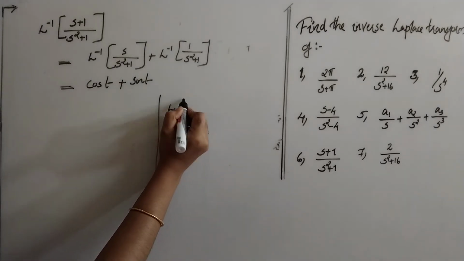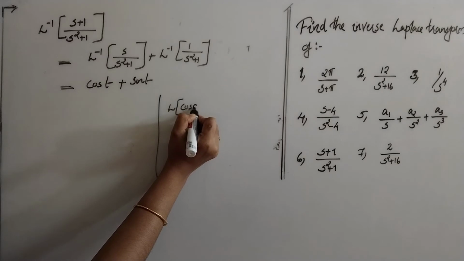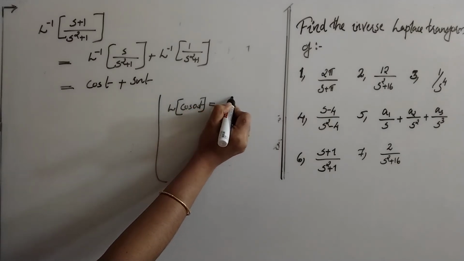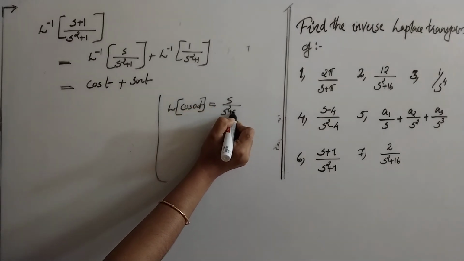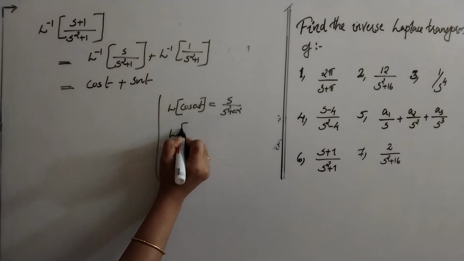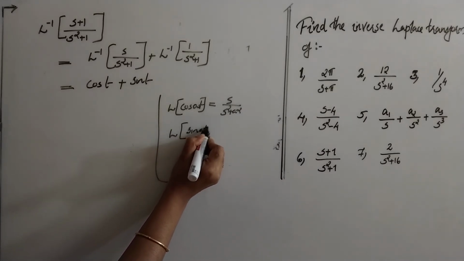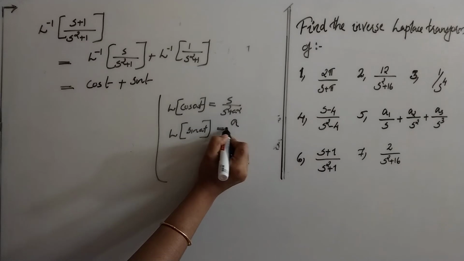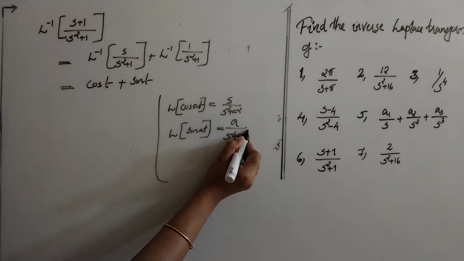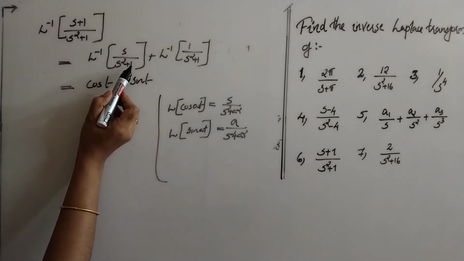That is, Laplace transform of cos at is what? S divided by s square plus a square, and Laplace transform of sin at is equal to a divided by s square plus a square. Here in the place of a we have 1.